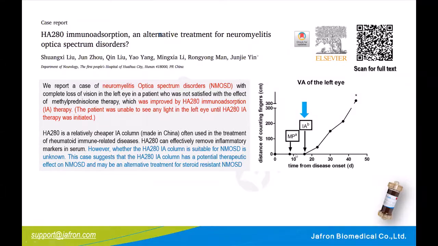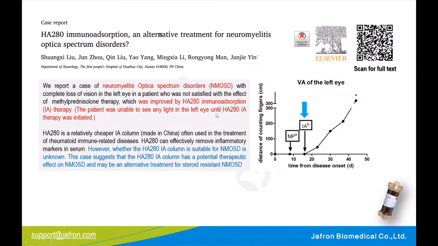We can see in these figures that the patient received the medication and there is no improvement of vision. So at this time the doctor conducted HA280 immunoadsorption therapy for the patient, and we can see that right after that, the patient was able to see light and gradually got an improvement of vision.